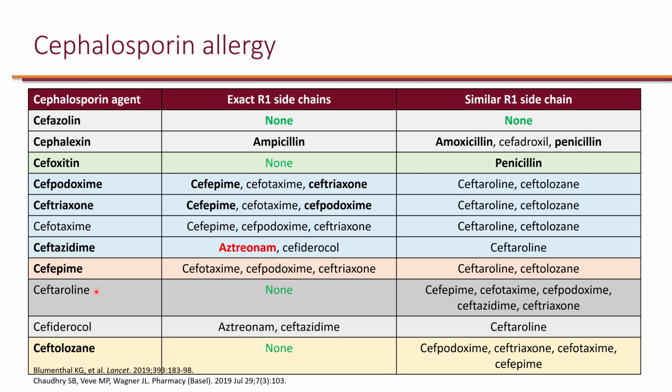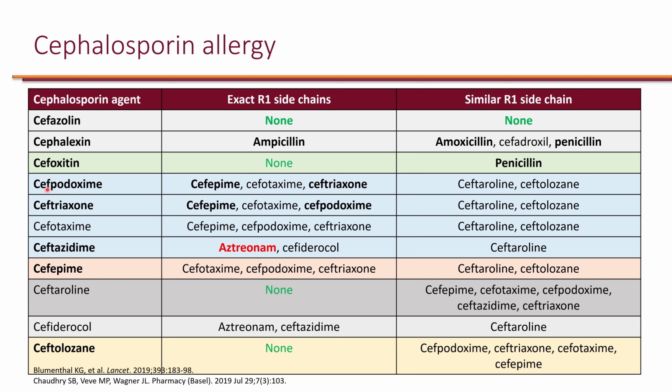So I have listed some of, this is not an extensive list, some of the more commonly used cephalosporins, especially the ones in bold. So as I mentioned, cefazolin does not have similar side chain with anything else. Cephalexin, of course, with ampicillin and amoxicillin, as well as penicillin.